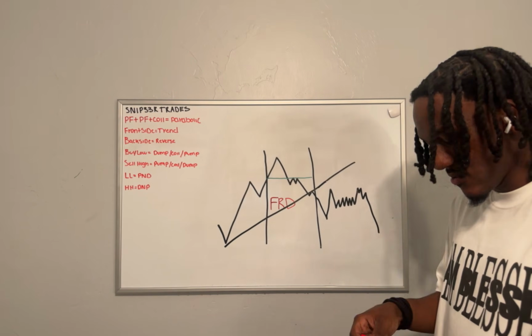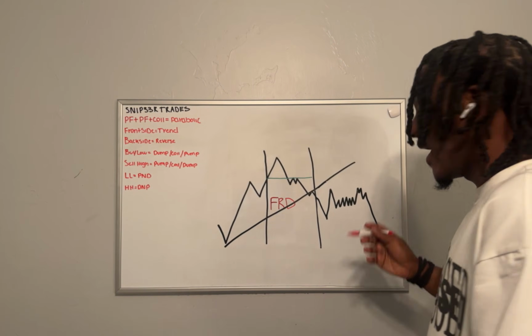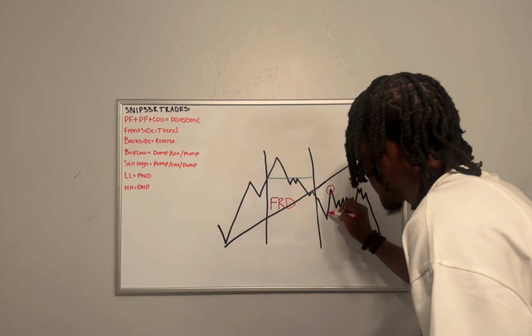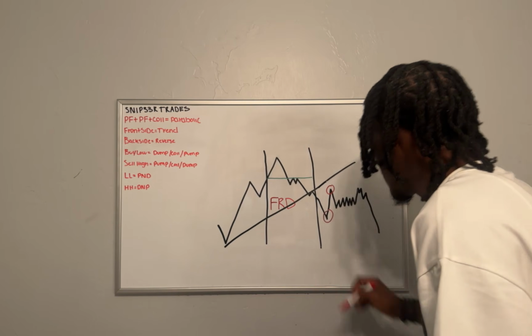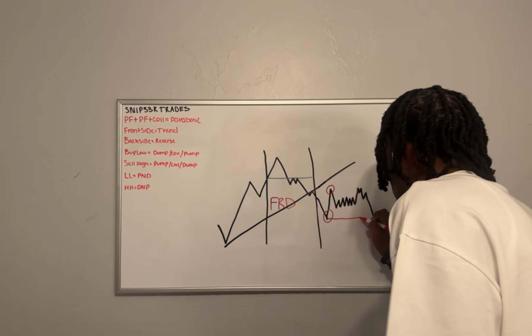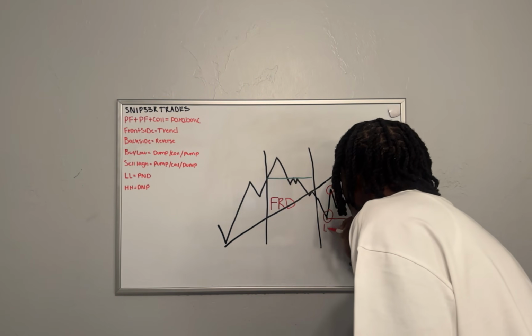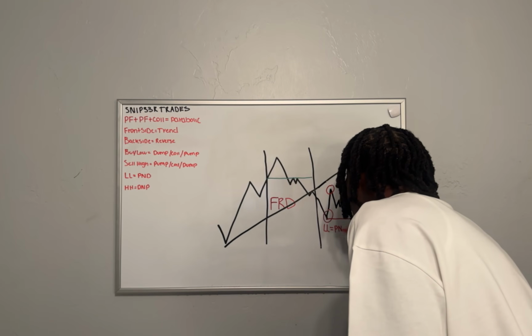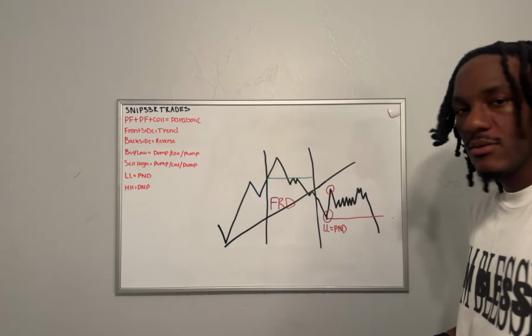Once again, Asia gives us a high and a low, or a low and a high, depending on the actual day. We get our lower low again, which is the recipe for the pump and dump templates.